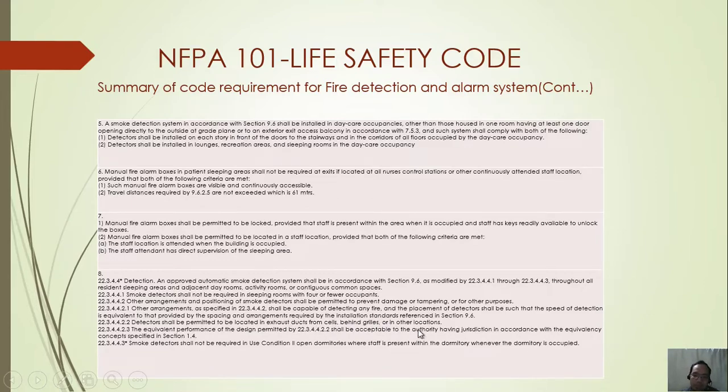So it cannot be tampered easily by prisoners. But make sure that the performance will not change. I mean, the detection will work the same as if you install this detector in the room. There should be no effect in the performance of the detection if you install it behind the grill. That is the note only.